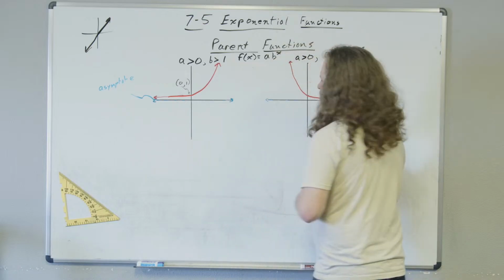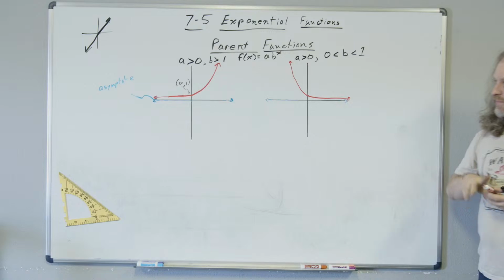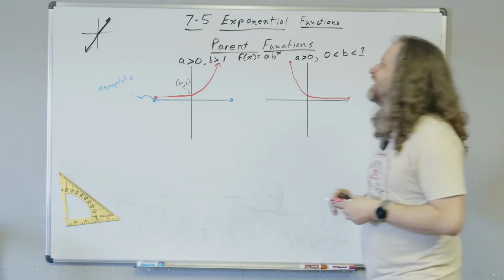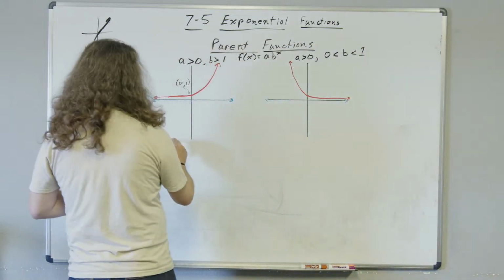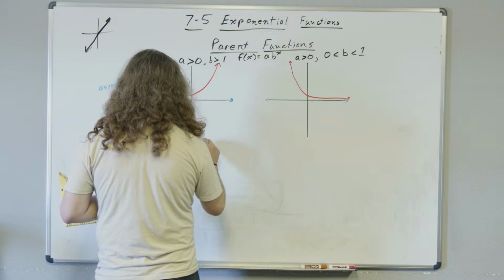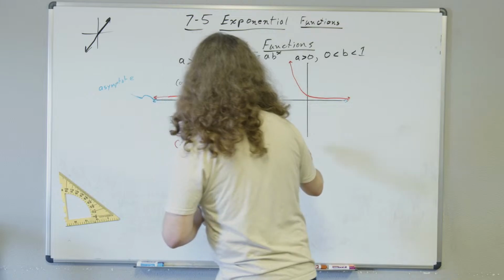Goes over there. Now, we name these two parents. These parents have names. It's not Charla and Bill, because that wouldn't make any sense. But what it is, this is exponential growth on this side. And this is exponential decay.